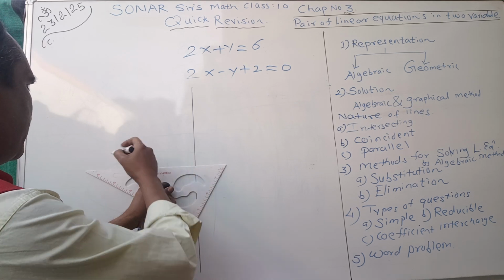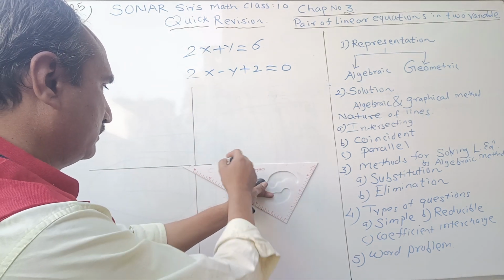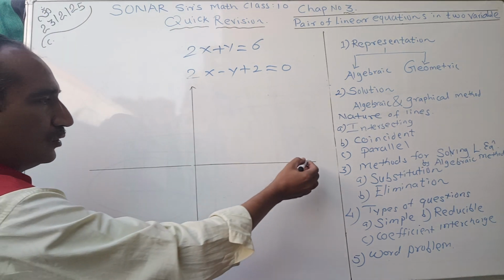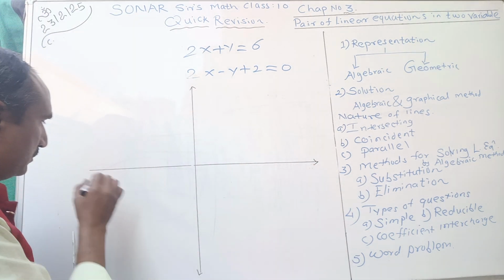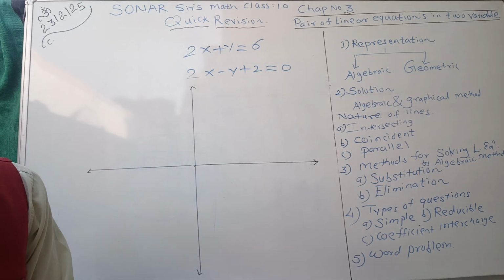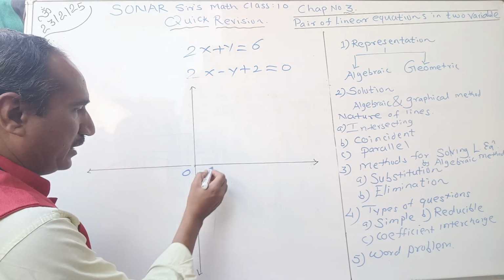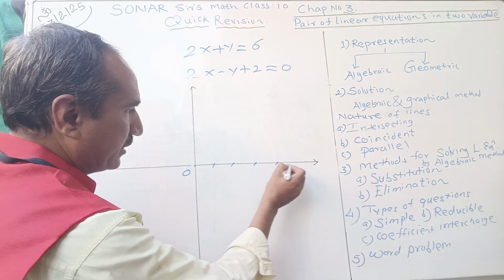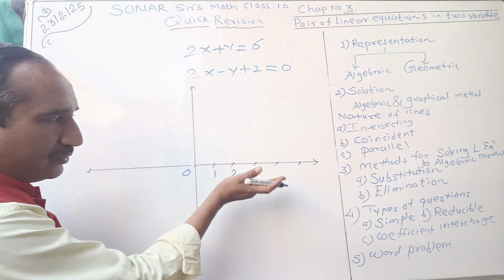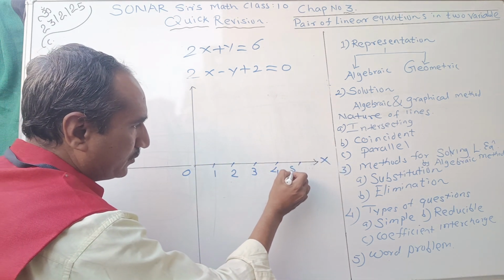Here for reference I am drawing a graph. The point of intersection is denoted by 0, while these points at a regular interval you should always write below the line of the x-axis.